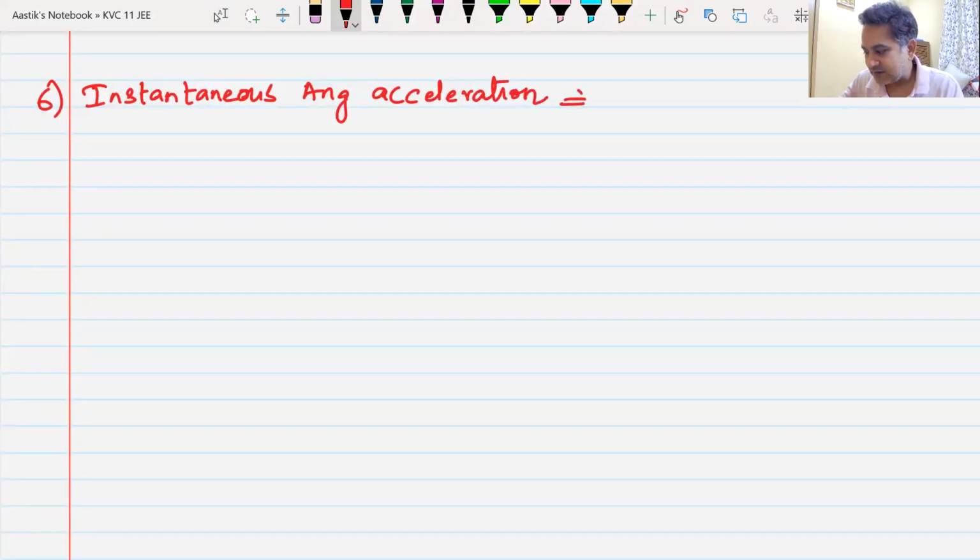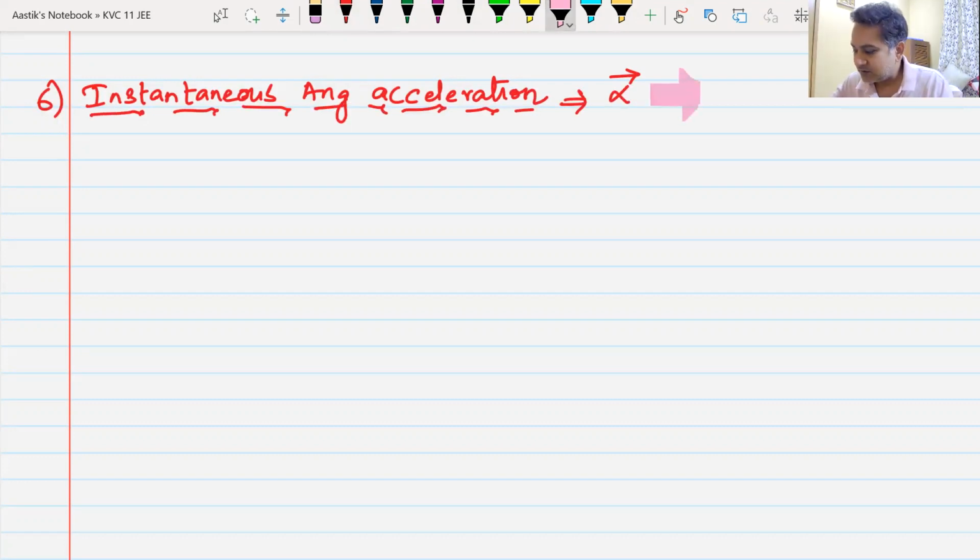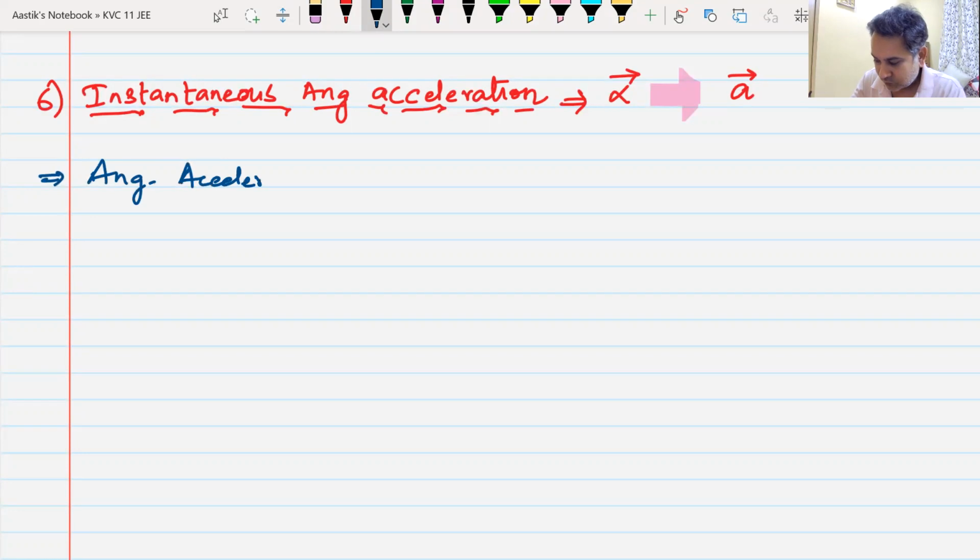And how do we write this instantaneous angular acceleration? We write it like this. What it should remind you of is that instantaneous angular acceleration does a similar job to what instantaneous acceleration did in your linear motion. So what do you mean by instantaneous angular acceleration? It is the angular acceleration at any instant.